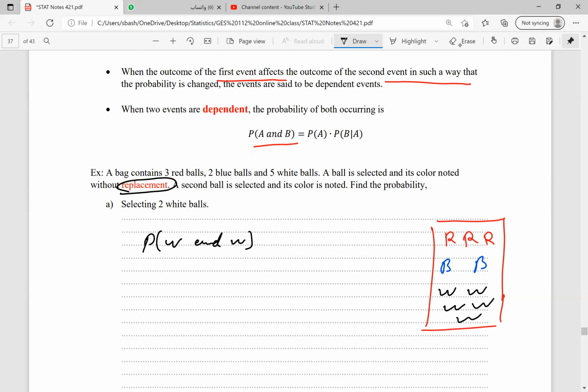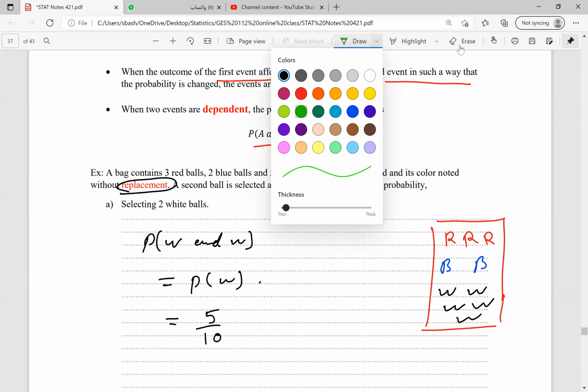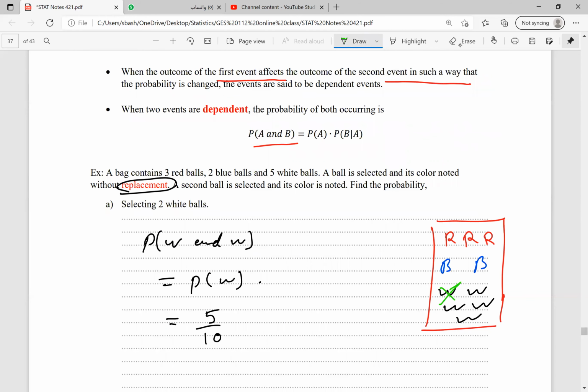So in this case, getting white the first time is 5 out of 10. So we choose one white ball and take it out. Now we didn't return this back in the bag, which means that the remaining balls inside the bag will be 9 balls, not 10.